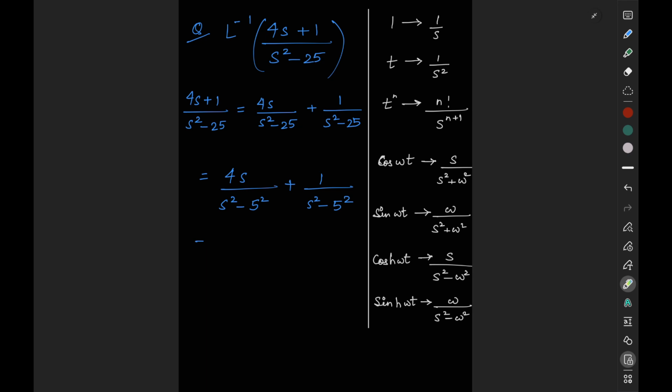To bring this to any of these forms, we can multiply by 5 and divide by 5 here. So let's do that. This will become 4 times s upon (s square minus 5 square) plus 5 upon (s square minus 5 square) times 1 upon 5.